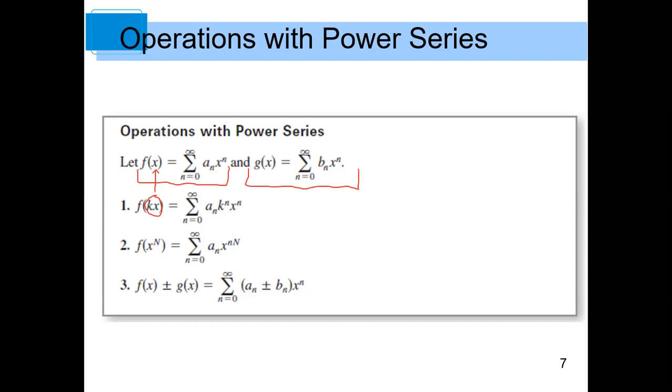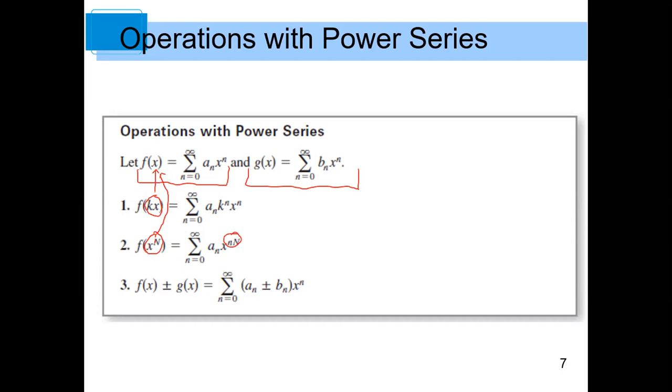Because x becomes kx and k gets raised to the n power also. Of course, if I replace x with x to the capital N, like if I replace x with x to the 5th, then all of the powers of x get multiplied by 5. Yes? And that's basically what this is saying right here.